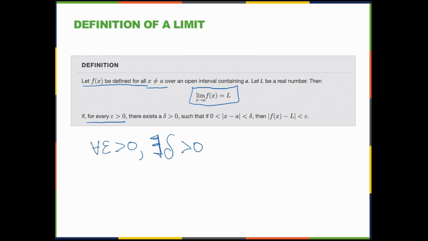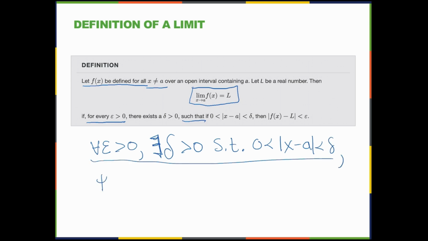And sometimes you'll see such that abbreviated as s.t., that 0 is less than the absolute value of x minus a, which is less than delta. So if we have all of this, then the distance between the value of the function and the limit is going to be less than that small value of epsilon.